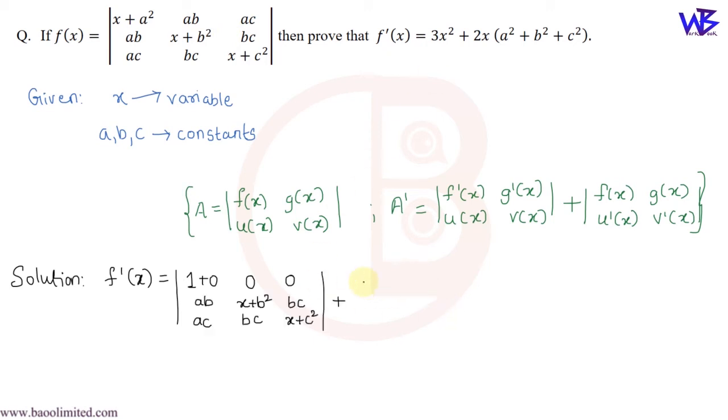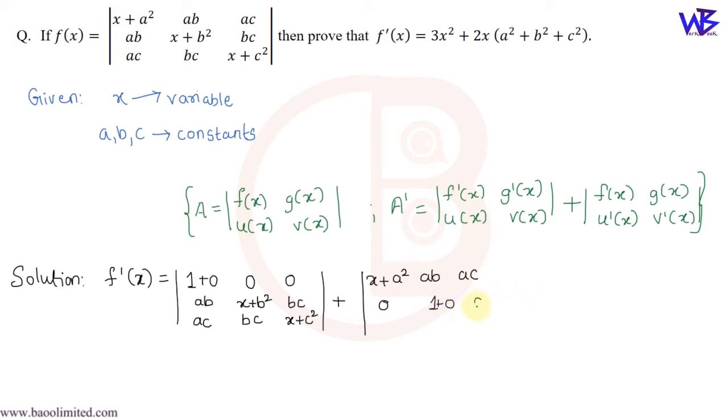Plus, the next step will be the derivative of the second row and writing the first row and the third row as it is. So x plus a square, a into b, a into c. Second row, a into b derivative is 0. X plus b square, the derivative is 1 plus 0. That's nothing but 1.